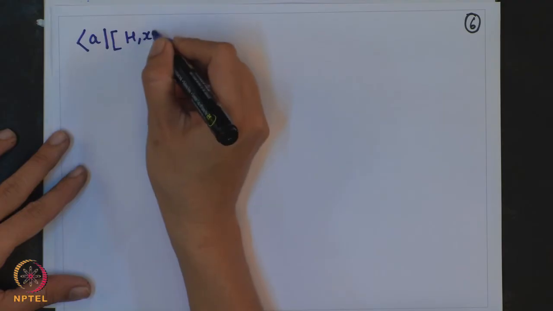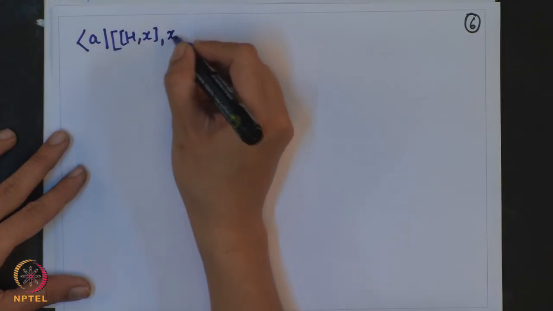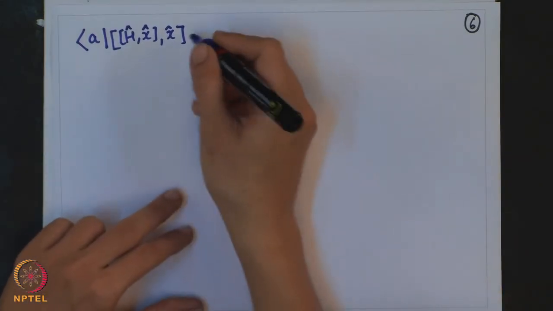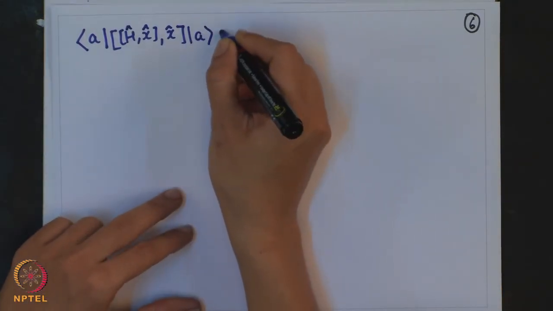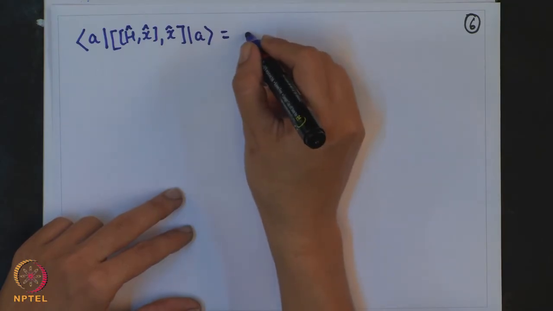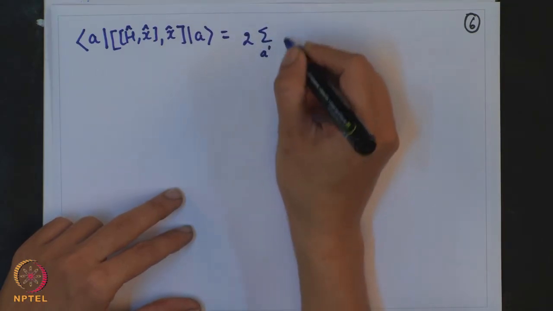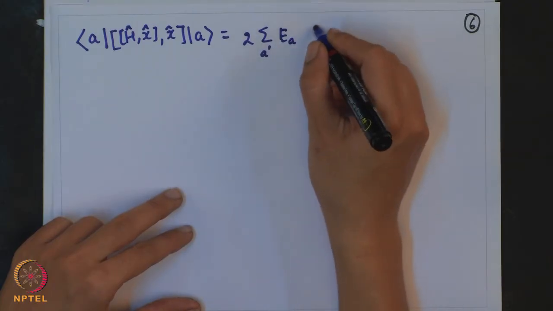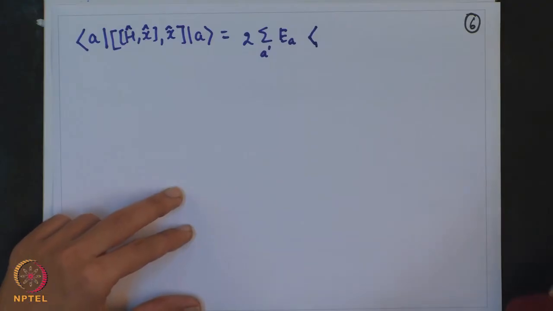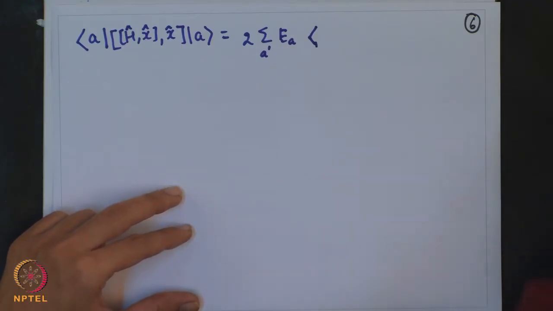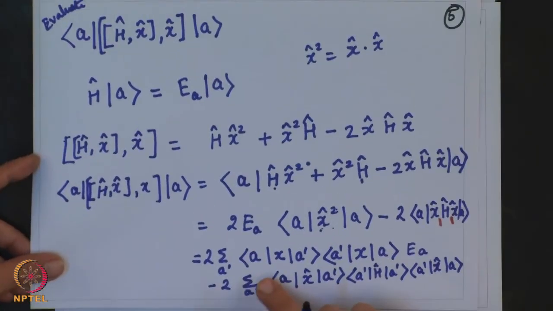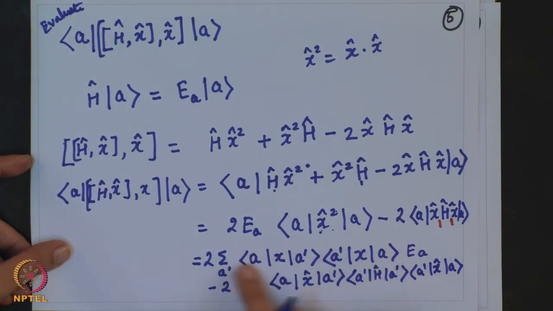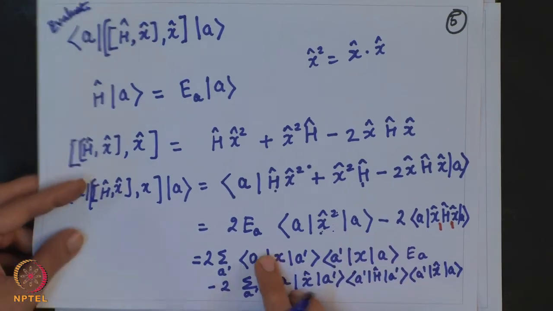The commutator of h and x commute with the operator x. This on simplification will result in 2 E A. I can write this entire term as a square.